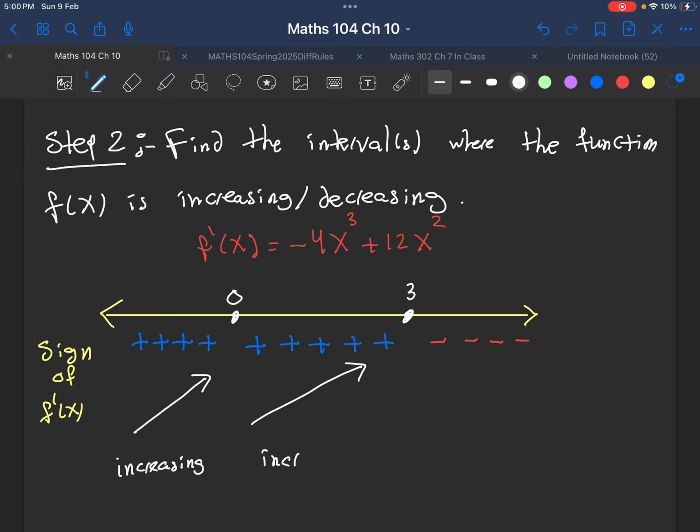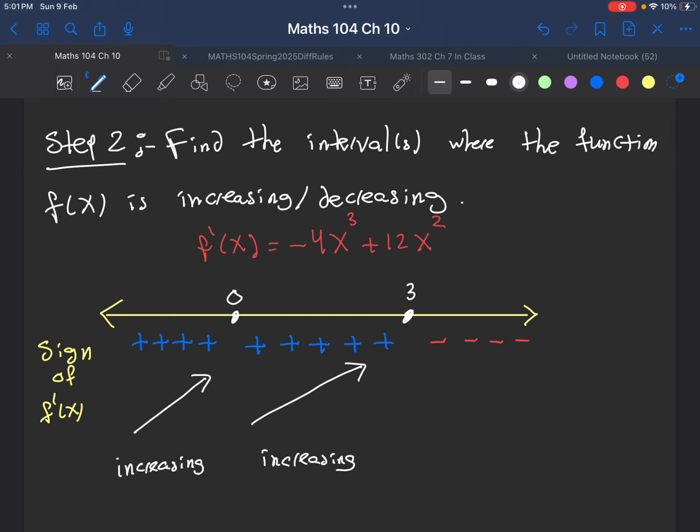It is increasing in this area here, continues increasing in this area, and finally it goes down here to be decreasing.